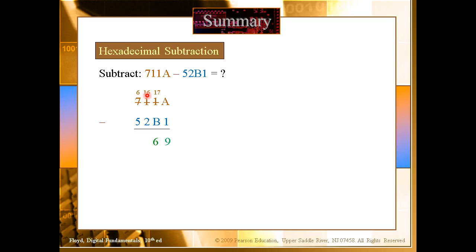Since we borrowed 1, we add 16 to the 0. That becomes 16. Anytime you borrow 1, you add 16. Now you can easily do the subtraction, because this is 16 minus 2, which is 14. Now what is 14 in hex? E, right? So we are going to write E here.